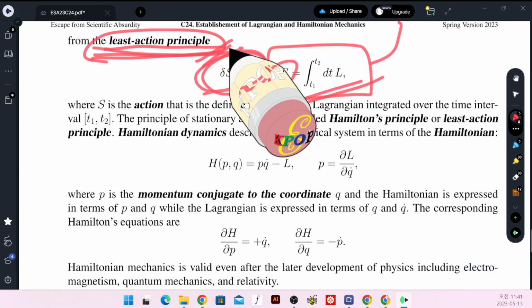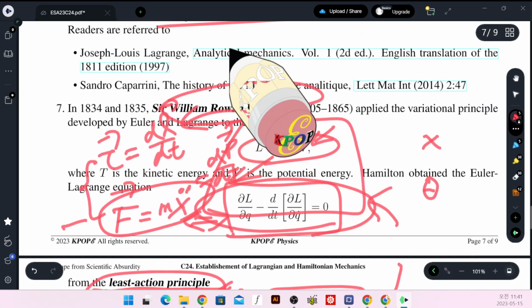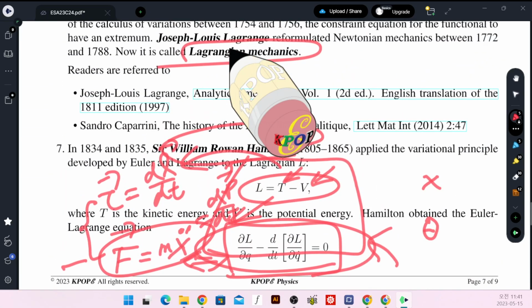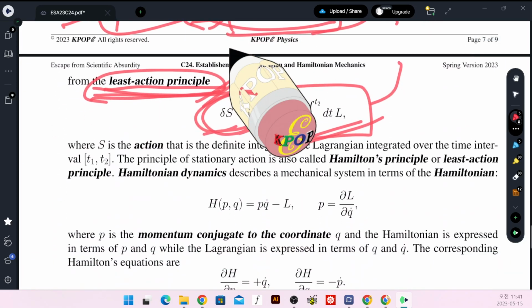That is very, very useful because it does not fail, even in the non-relativistic case as well as the relativistic case and electromagnetism. This mechanism works for the relativistic case and the electromagnetic case too.